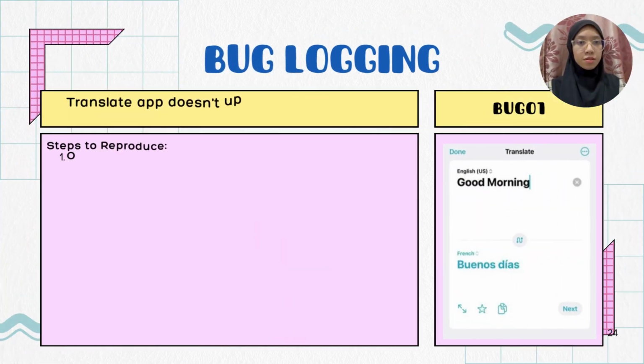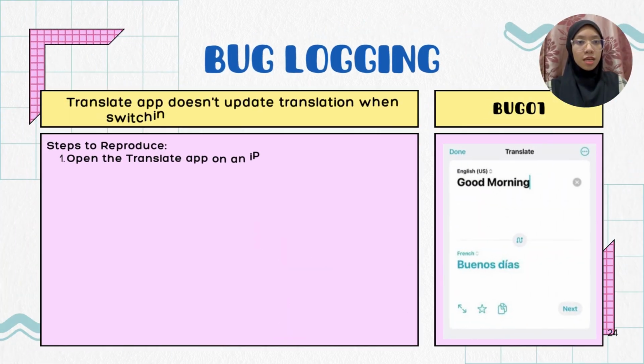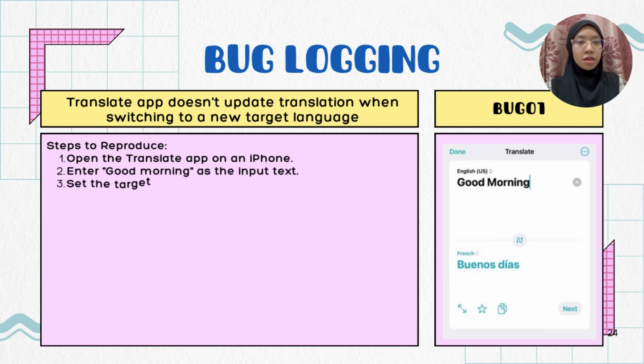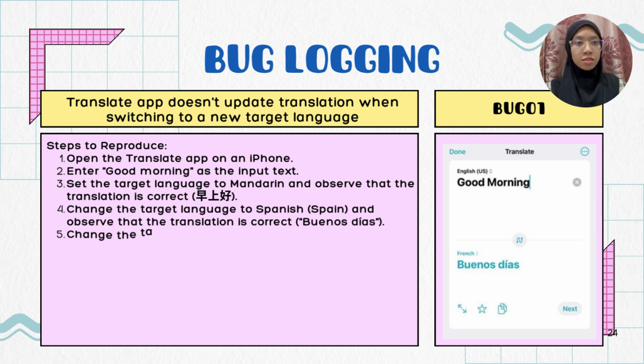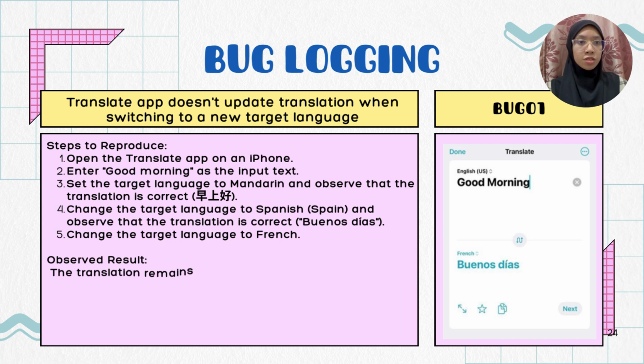Next is bug logging. The Translate app doesn't update translation when switching to a new target language. Steps to reproduce: first, open the Translate app on an iPhone and enter Good Morning as the input text, set the target language to Mandarin and observe that the translation is correct. Then change the target language to Spanish and observe that the translation is correct.